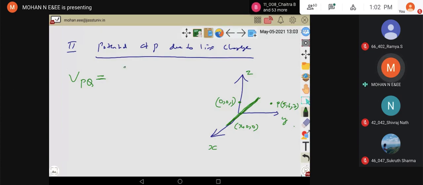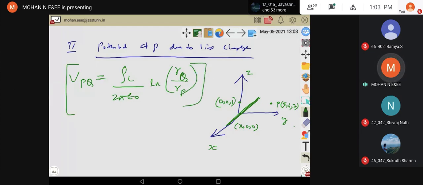That is rho L by 2 pi epsilon naught logarithm of Rq divided by Rp. So this is the expression for the potential difference between 2 points, P as well as Q. Okay, and using this we can solve for VPQ.